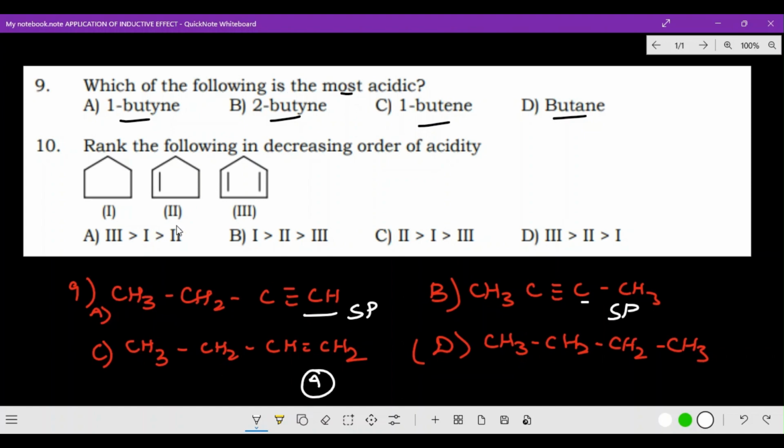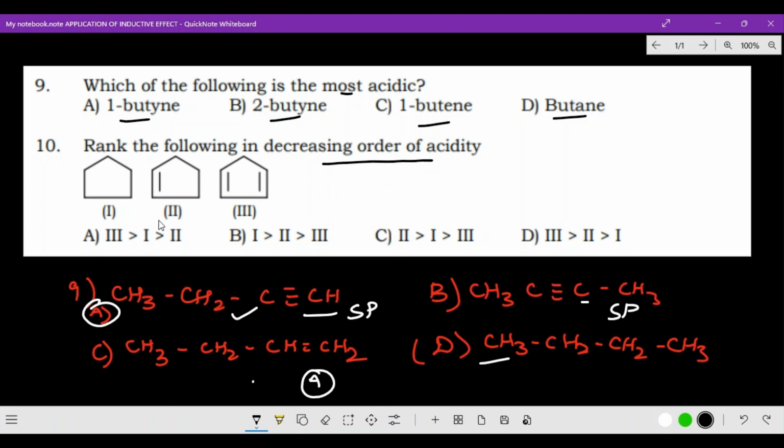They are only asking which is the most acidic, not the order, so we need not bother about the least acidic. Naturally the first is the most acidic.